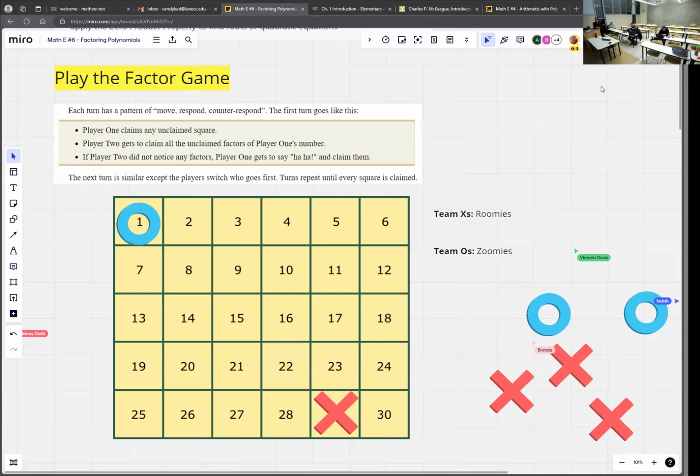If other people like 17, somebody move it onto 17 then. Okay, do the roomies get any factors for 17?